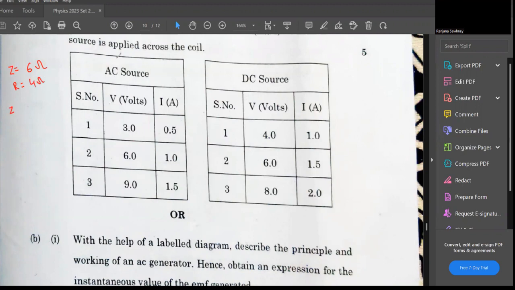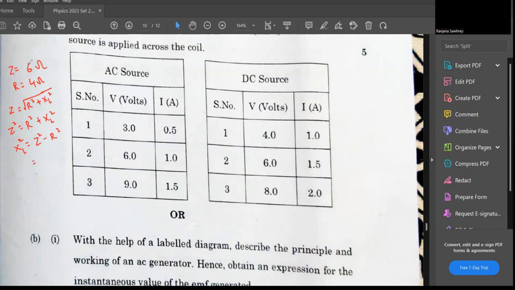Now we know that as it is an LR circuit, Z is equal to under root R square plus XL square, or we can write it as Z square is equal to R square plus XL square. So XL square will be equal to Z square minus R square.